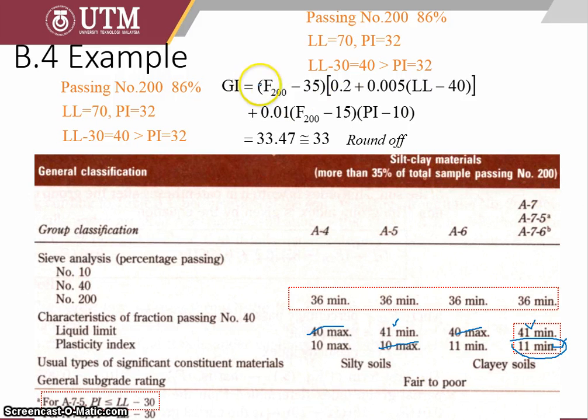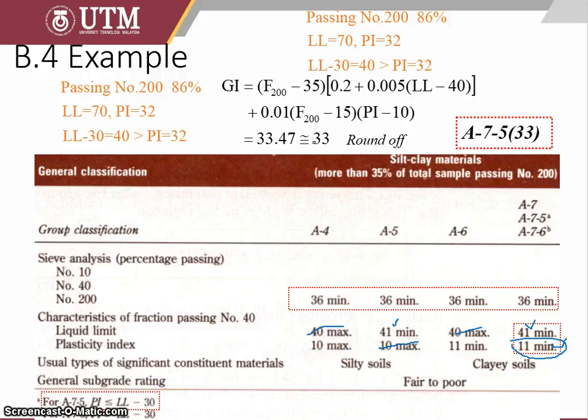So just take the 86, 70 and 32, and we get 33 for the GI. Round off the value of GI. We know that the higher the GI is, the poorer the soil is as a road embankment.